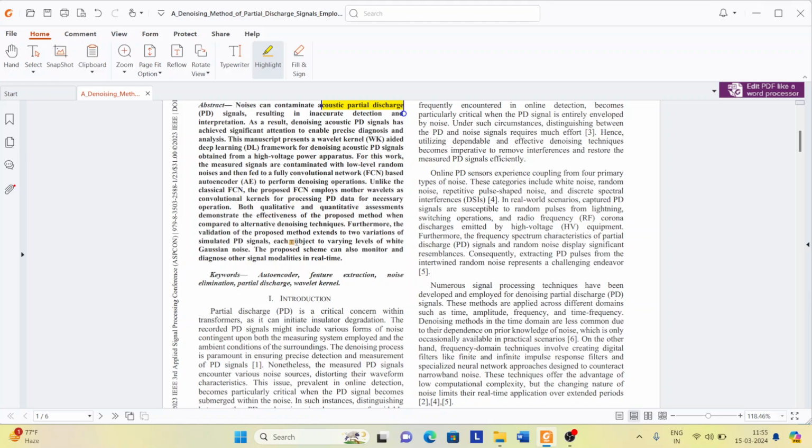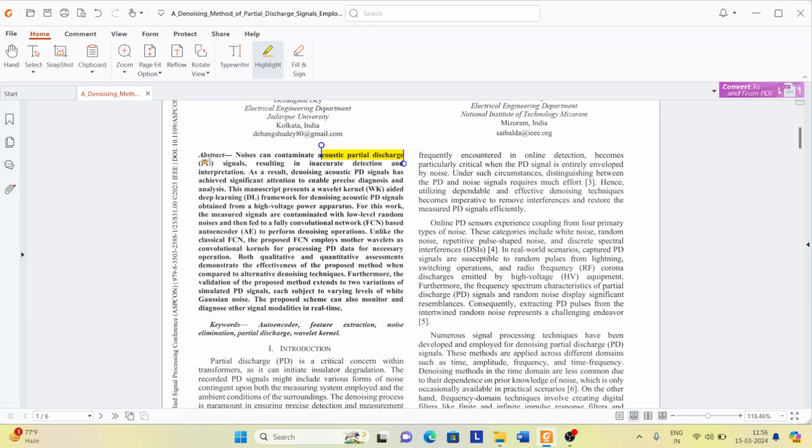Both quantitative and qualitative assessments demonstrate the effectiveness of the proposed method when compared to existing denoising techniques. Furthermore, the validation of the proposed method extends to two variations of simulated partial discharge signals, subject to varying levels of white Gaussian noise. The proposed scheme can monitor and diagnose the signal modifications in real time.